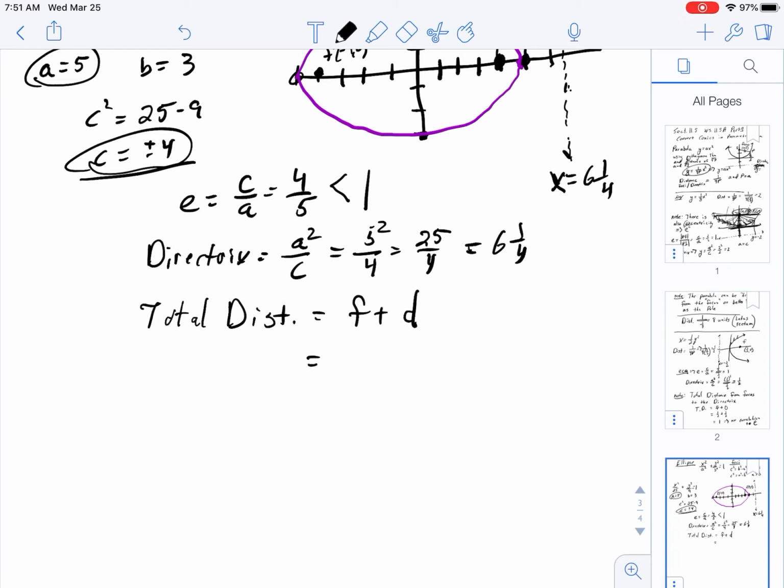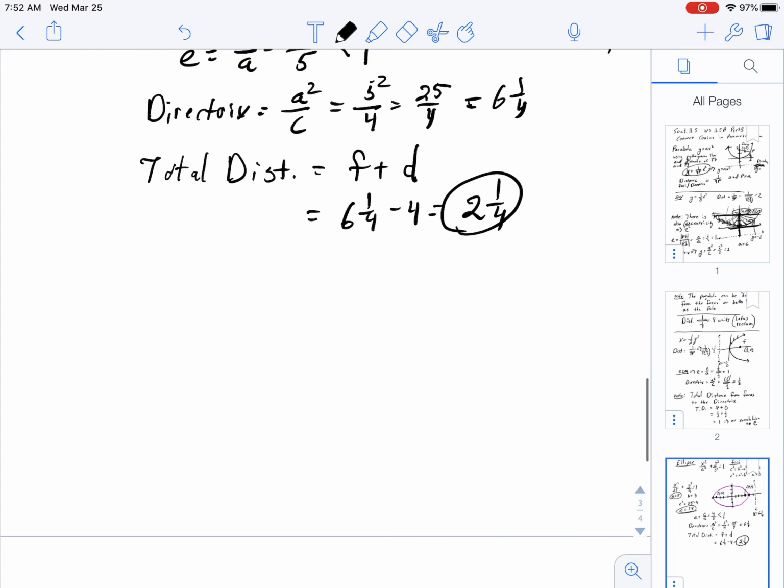So if you look at this to find my total distance, probably the best way would be just go 6 1/4 minus 4 to get 2 1/4. It would be my total distance, and again we're going to be using that later to graph out polar.